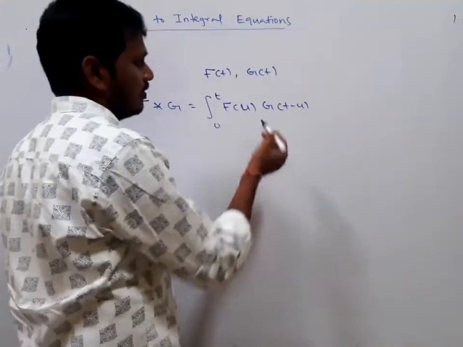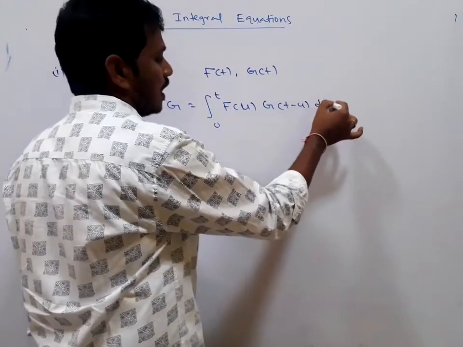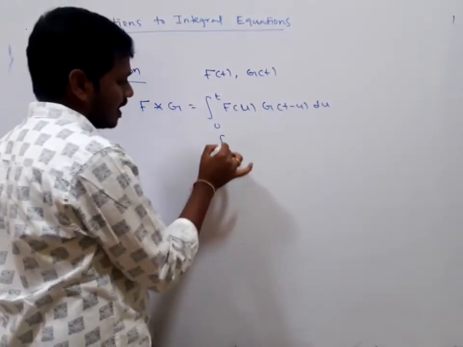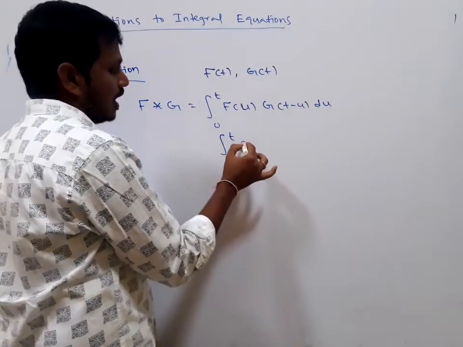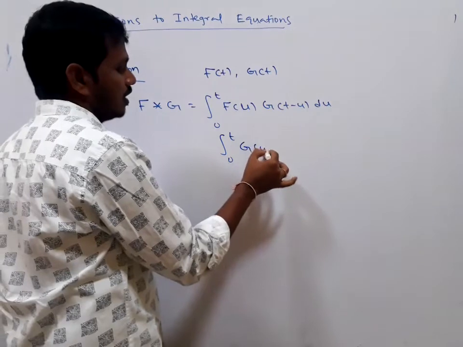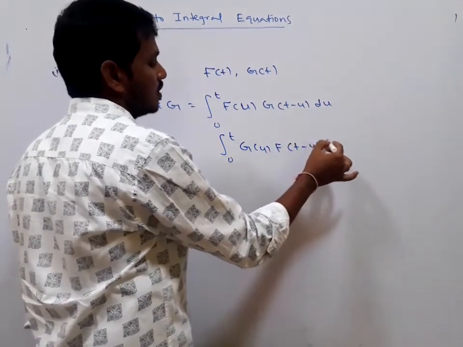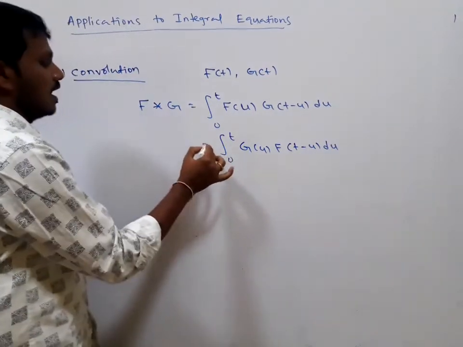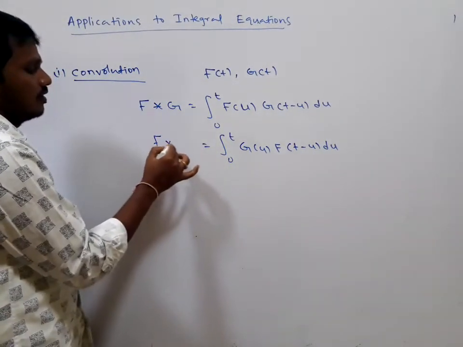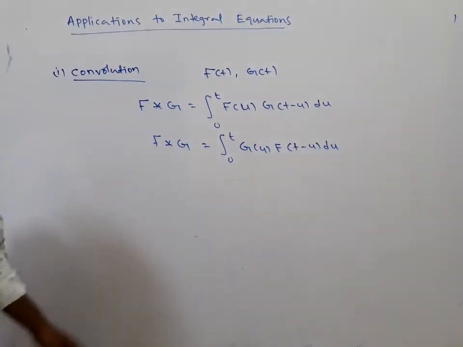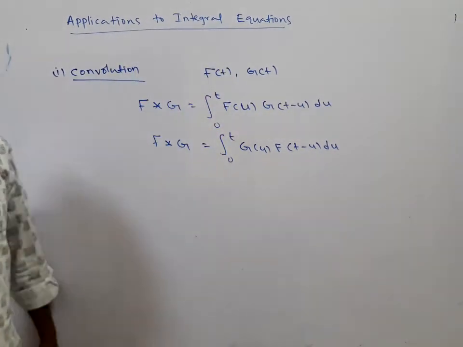This is the same as the integral from 0 to t of g of u into f of t minus u du. This is the convolution of the two functions f of t and g of t.